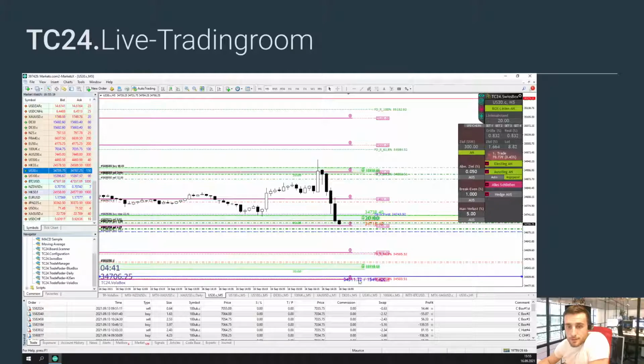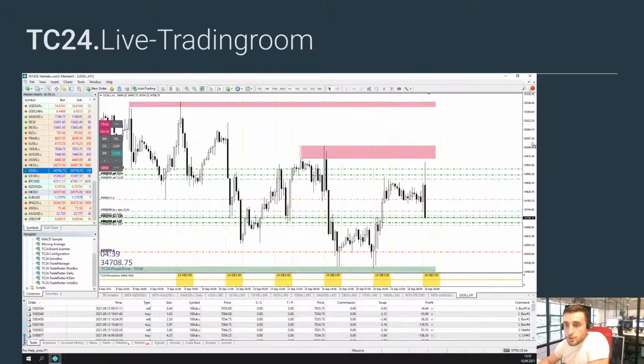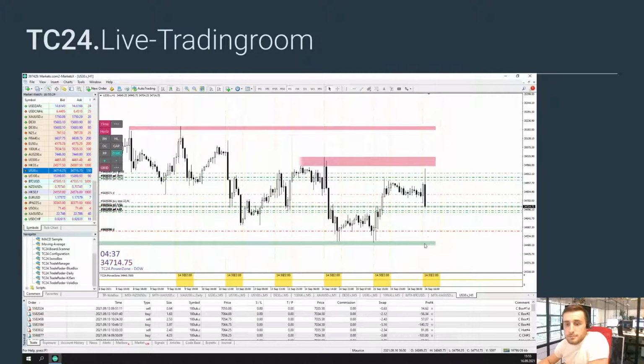Ultimately, in terms of the zone over here, this is where we should be aiming for.